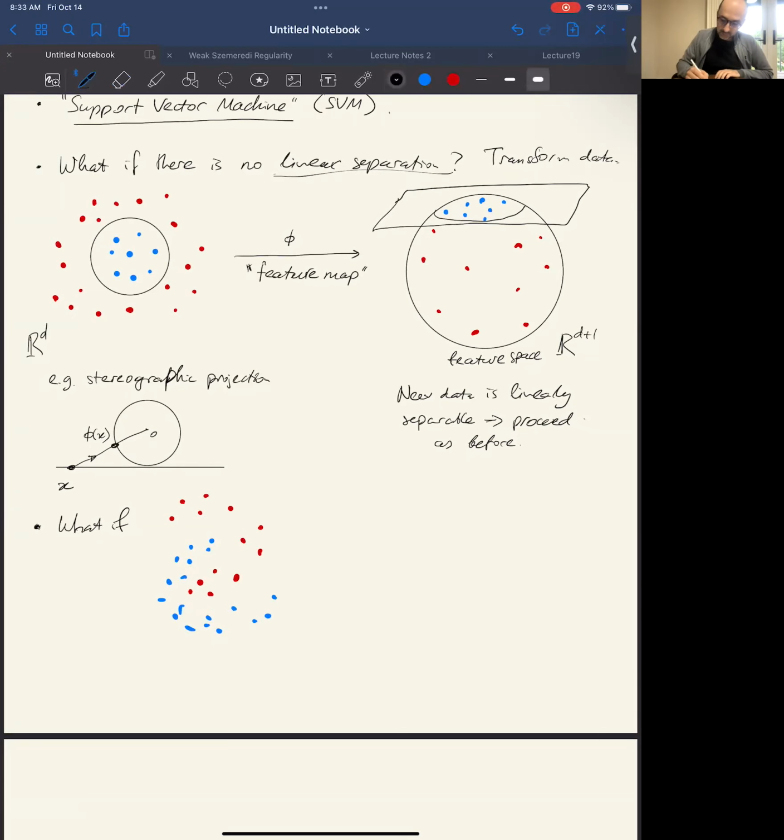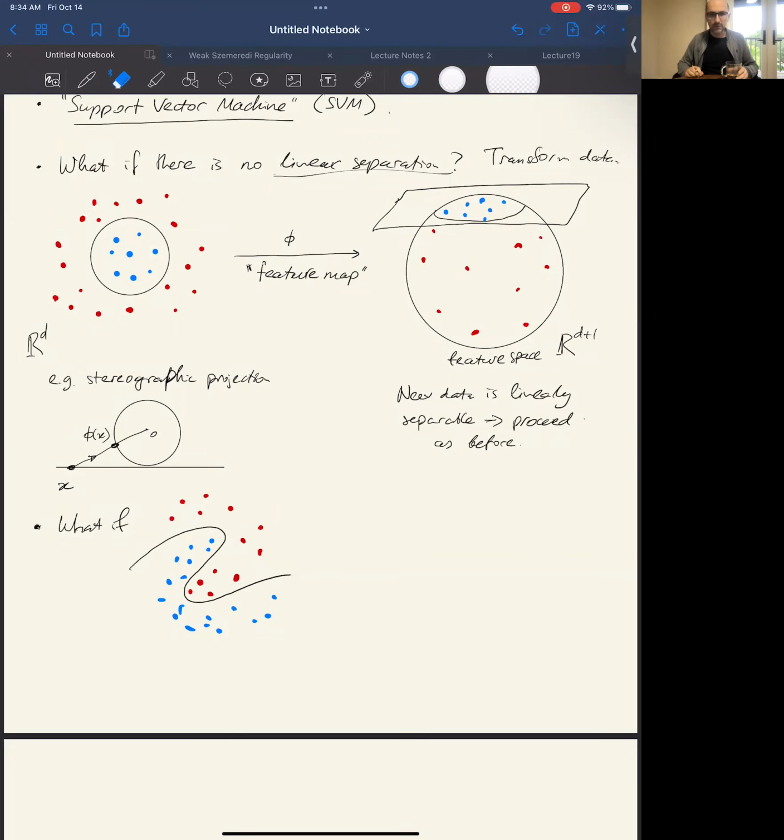Then probably we can say, well, there is some separation there. We hope to do something like this. But it's neither linear nor quadratic anymore. In this case, we can say, okay, then let's work harder.